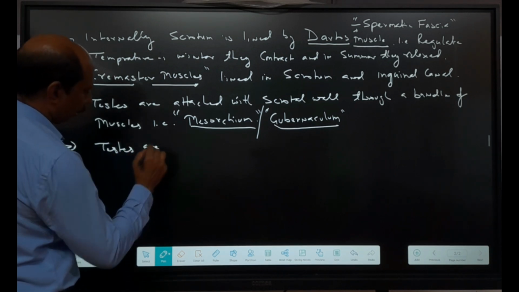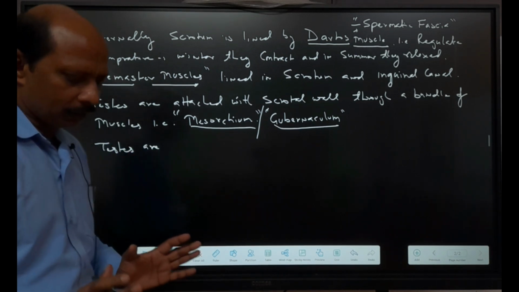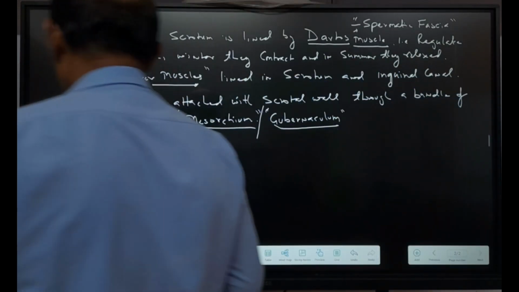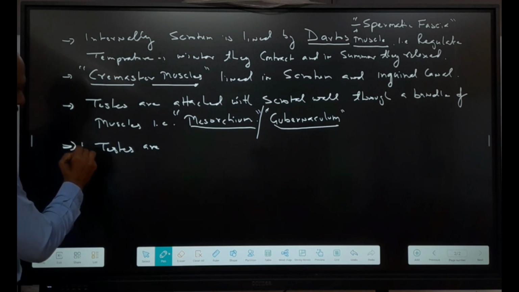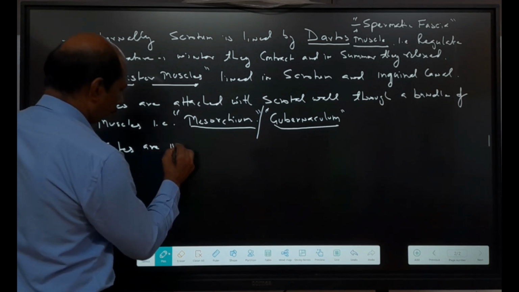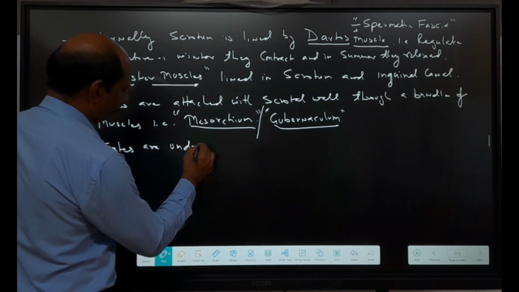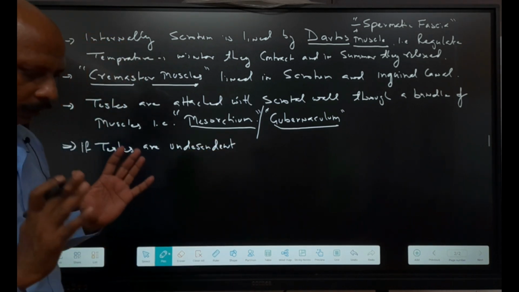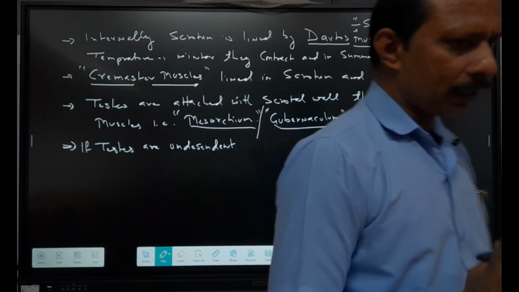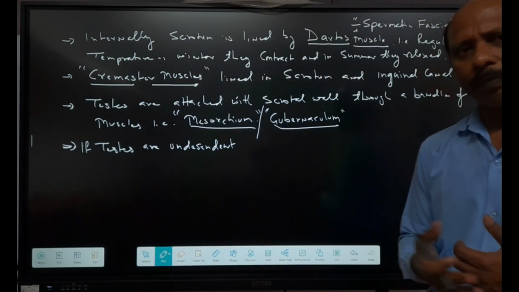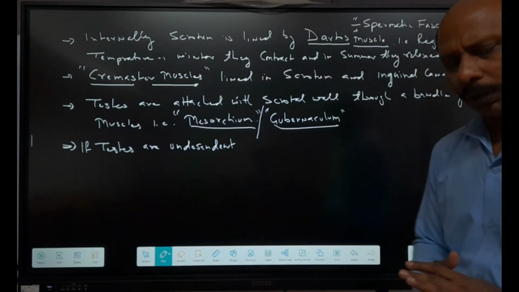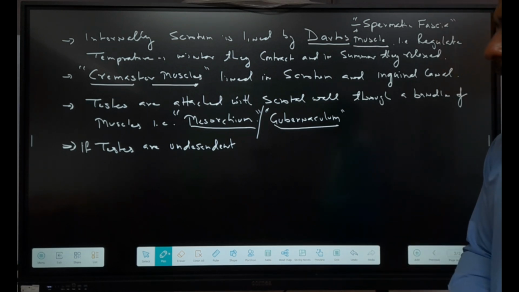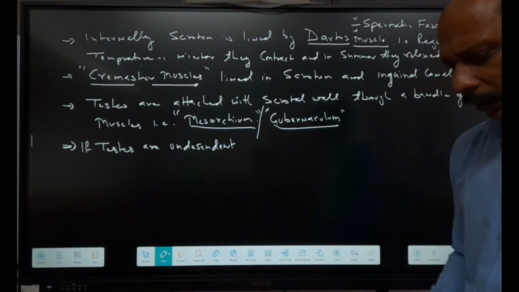Testes may be undescended, because in intrauterine life the testes are formed, but at the time of birth these testes descend into the scrotum. Sometimes these testes do not descend into the scrotum.